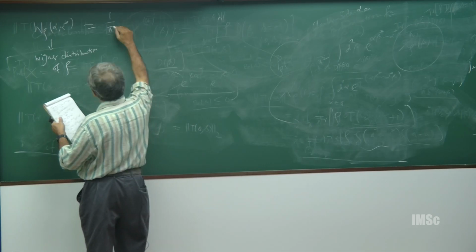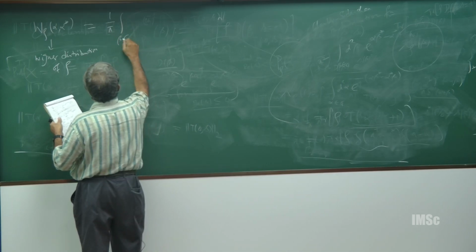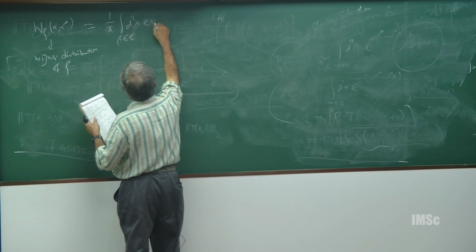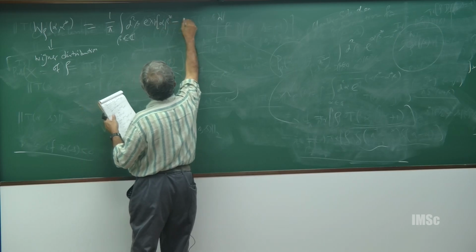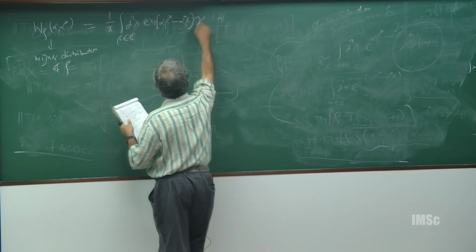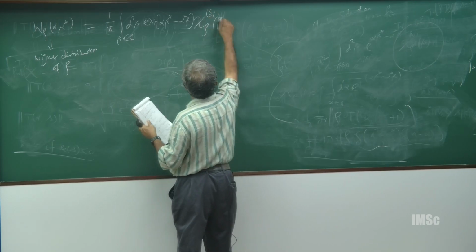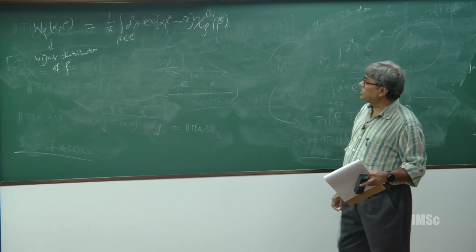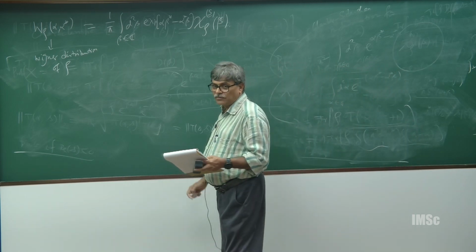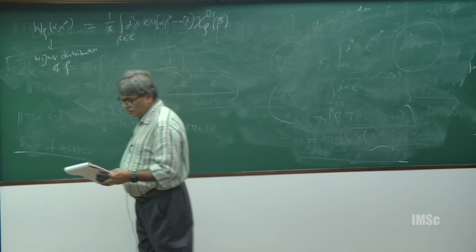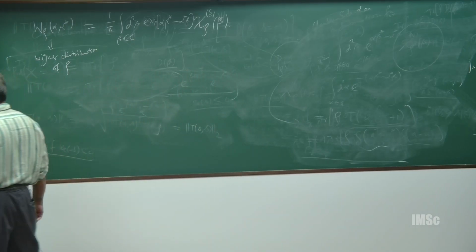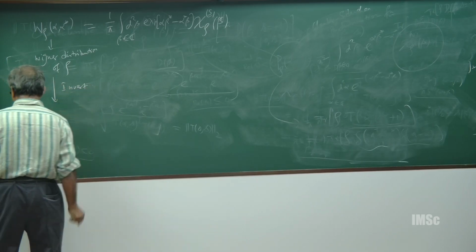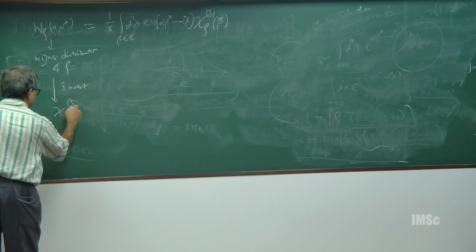So, this is actually the complex Fourier transform, with exponential of alpha beta star minus alpha star beta, of the characteristic function. That is your Wigner distribution. And if you invert it, you will get the characteristic function.